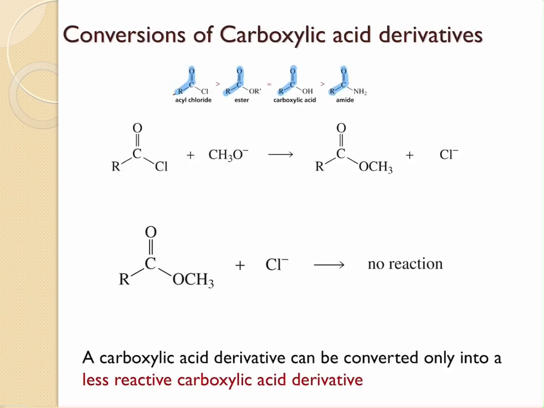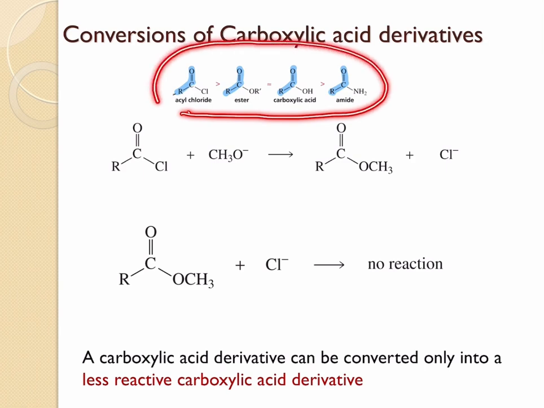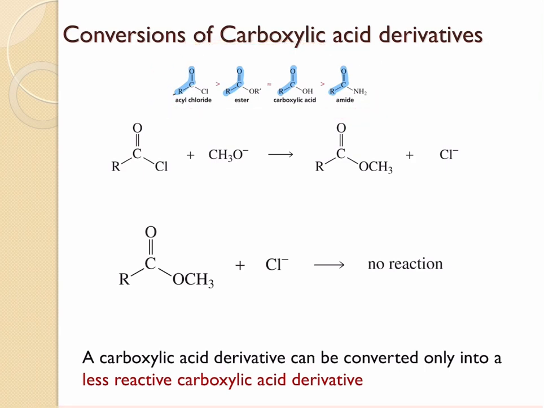Now that we have understood how the basicities of the different groups is going to affect the relative reactivities of the carboxylic acid derivatives, we can see how one carboxylic acid derivative can be converted into another. So here is the relative reactivities of the different carboxylic acid derivatives. So from here you can definitely see that the acid chlorides are more reactive than esters and the carboxylic acids and amide.